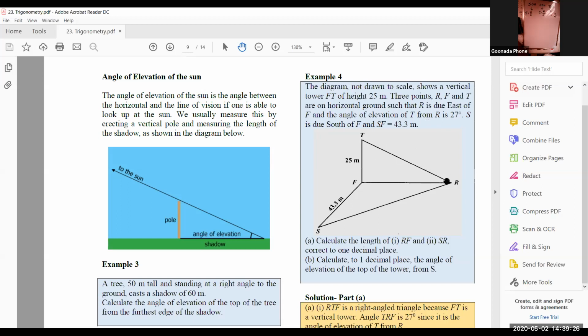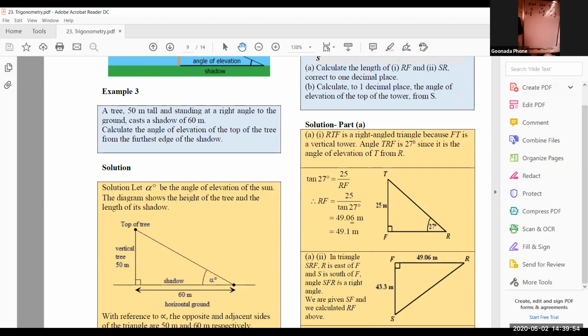S is due south of F and SF is 43.3. You are asked to calculate the length of RF and SR, correct to 1 decimal place. You are also asked to calculate, to 1 decimal place, the angle of elevation of the top of the tower from S.